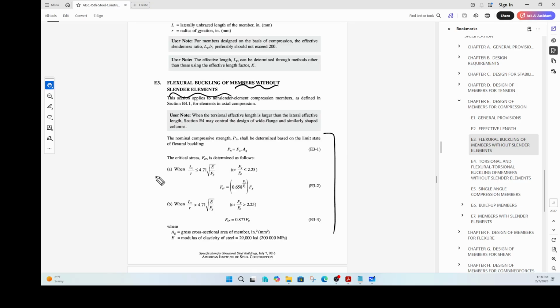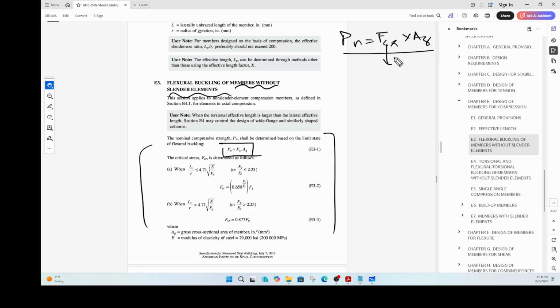We talked about all this in detail in the previous section. But if we have to talk about it real quick, then Pn is nothing but Fcr, F critical, times A gross.